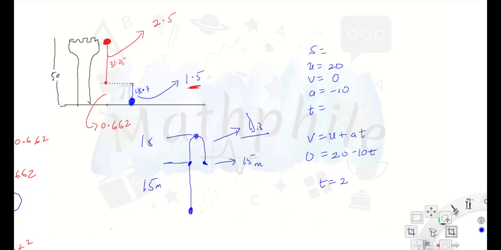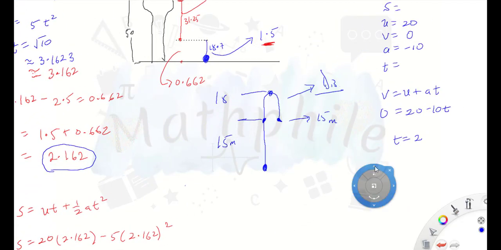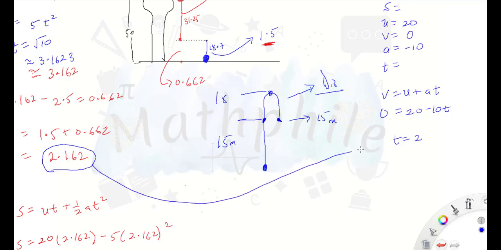So you see what I was talking about. The total time the particle had taken when it landed was 2.16 seconds, but the particle uses 2 seconds to start a return journey. Are you getting me? Oh, yes. So for the next 0.162 seconds, the particle is actually coming down.